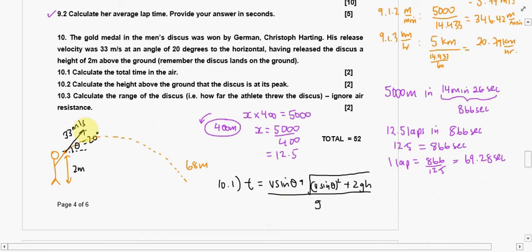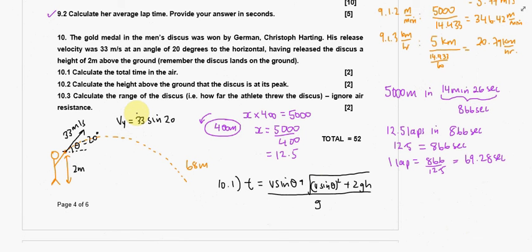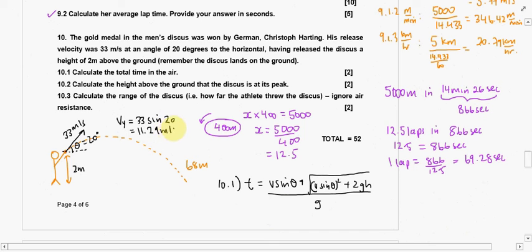The first thing you would have to do, looking at this release velocity, is decompose it into its horizontal and vertical components. The vertical component is just 33 times the sine of 20, which on the calculator is 11.29 meters per second.